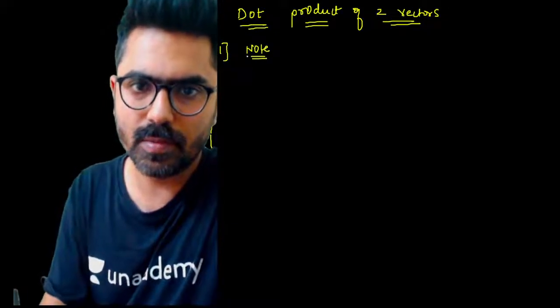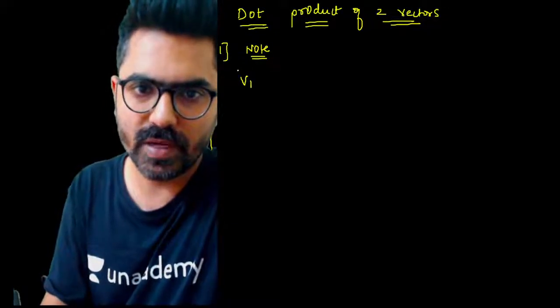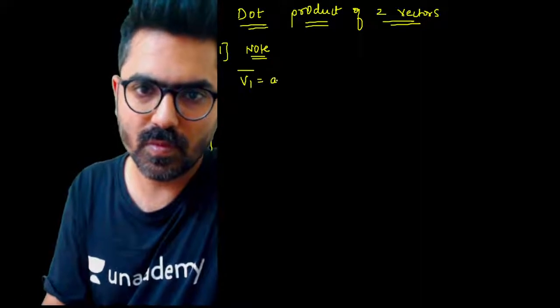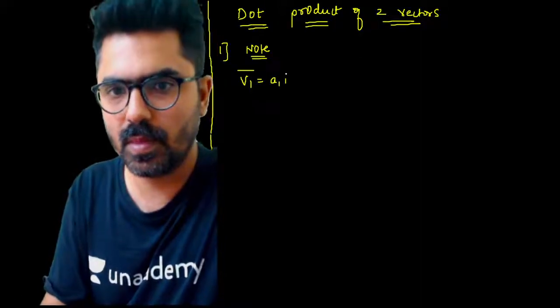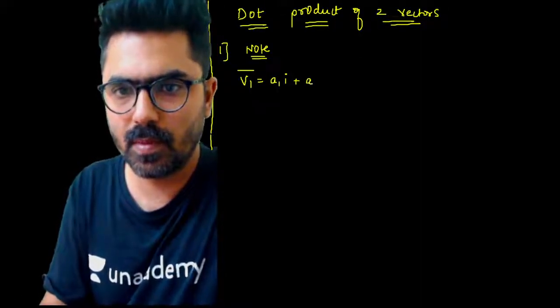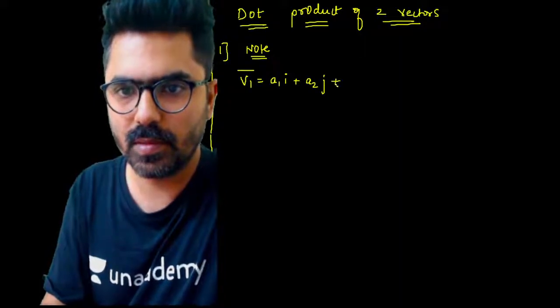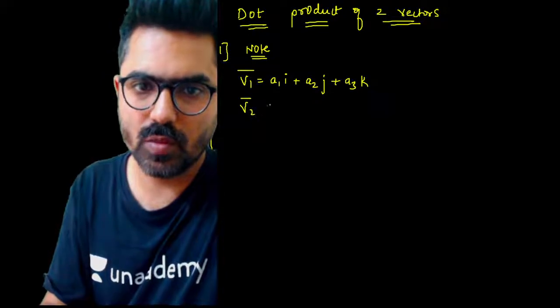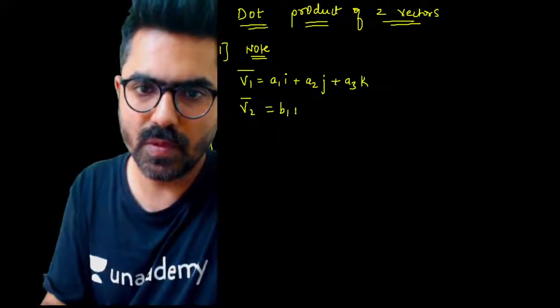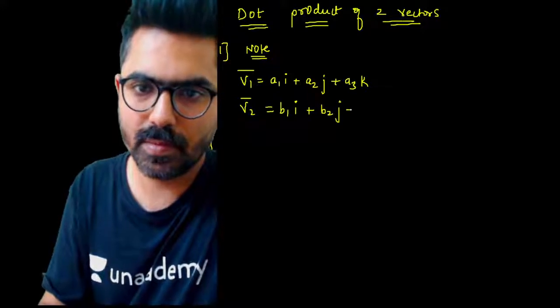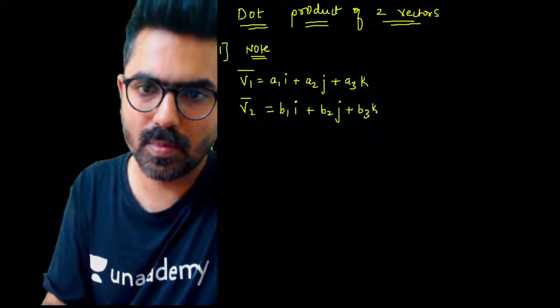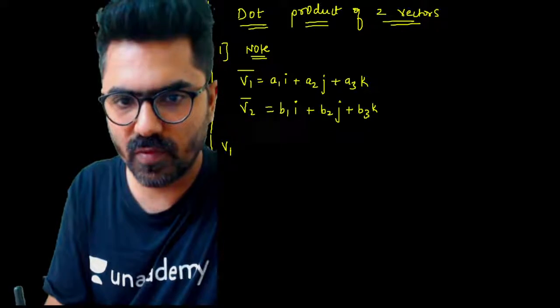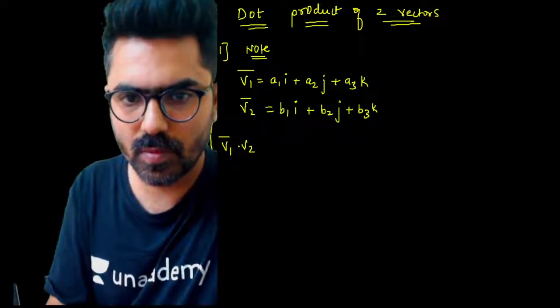Let's write a note point. Let's say there is a vector 1, which is a1 i, a2 j, a3 k. There is a vector 2, b1 i, b2 j, b3 k. Now we need to find v1 dot v2.